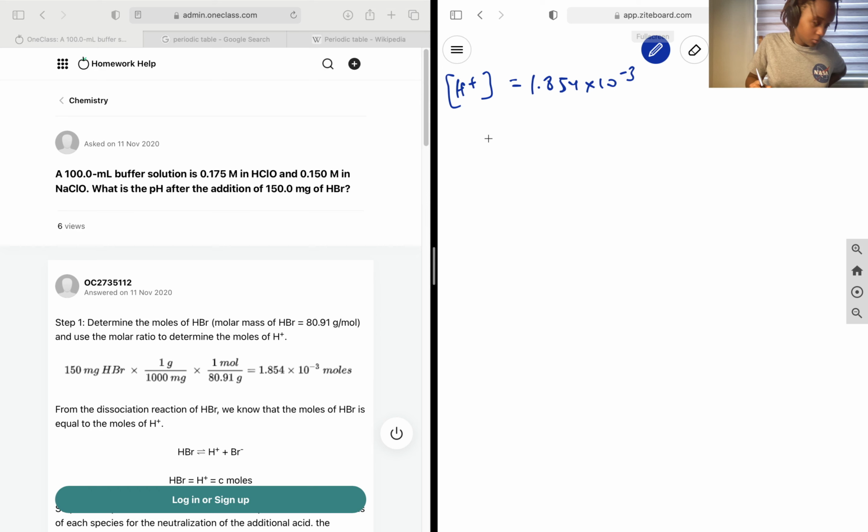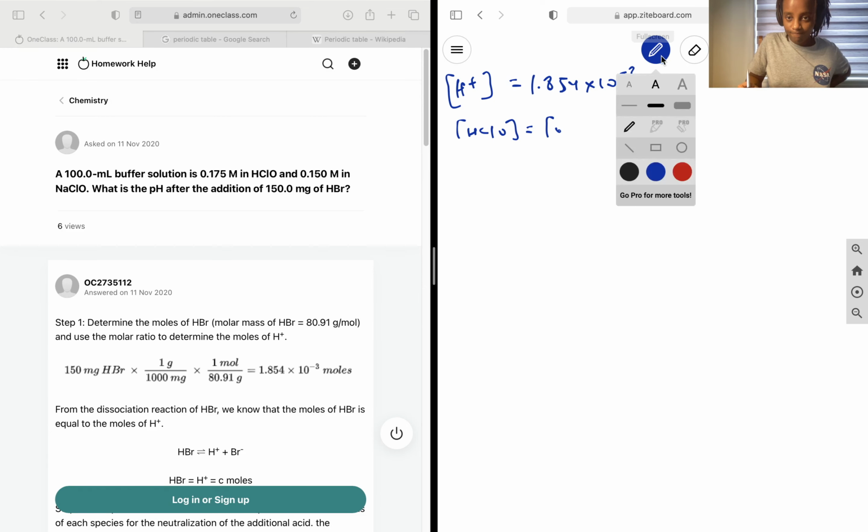Now you want to find the moles of HClO. And this would be equal to 0.175 molar times 100 milliliters.